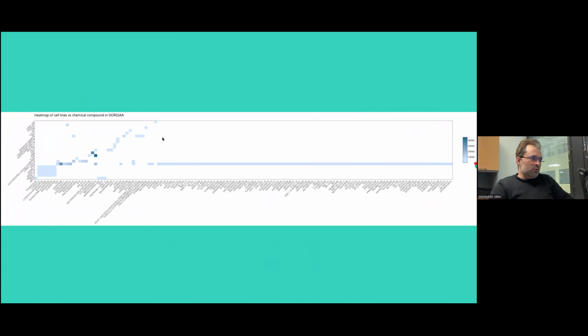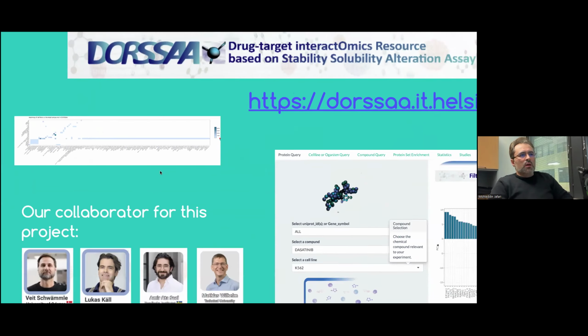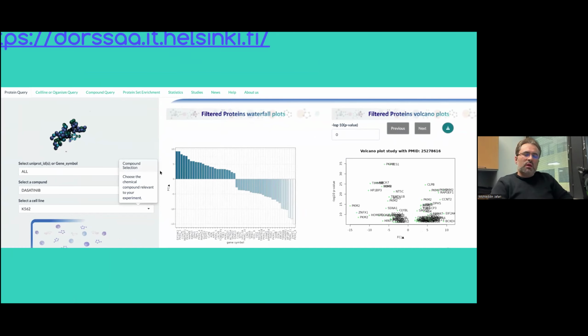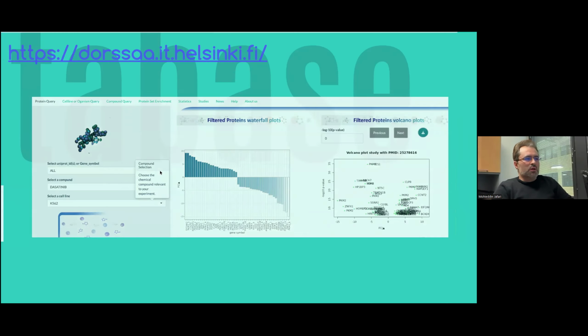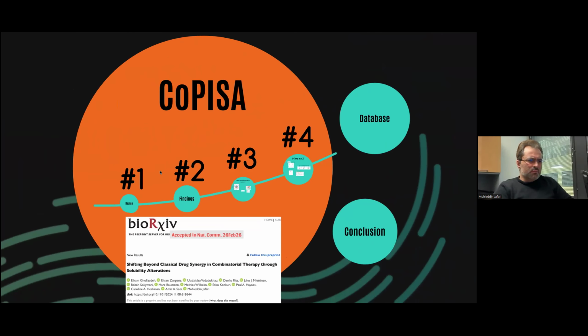This part is related to our study, but the others are related to other famous and pioneering work on TPP and PISA. So if you are looking for some drugs and you want to see if there is any target related to those drugs, and you want to see the mechanism of those drugs, it would be good to check this website to find the protein target of those drugs. It would be a clue to continue your analysis and design your experiment.